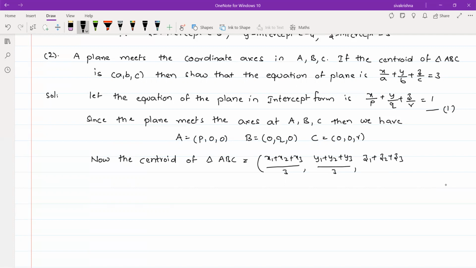This is the formula we have to use to find the centroid of triangle ABC. Treat the above points A, B, C as x1, y1, z1, x2, y2, z2, and x3, y3, z3.